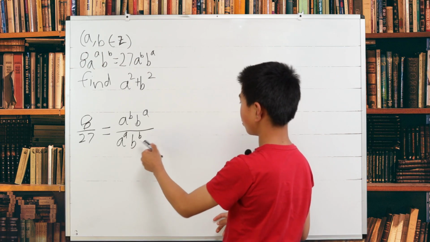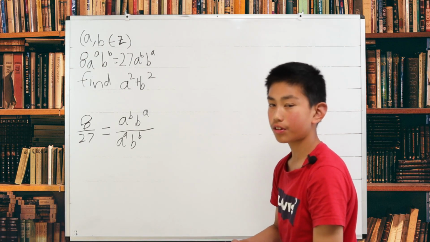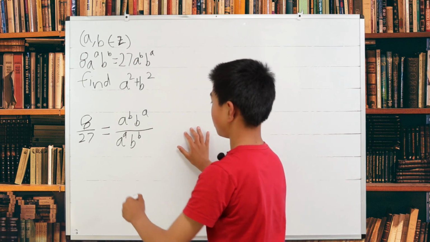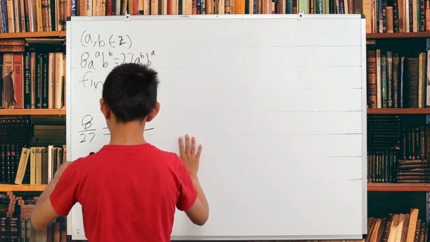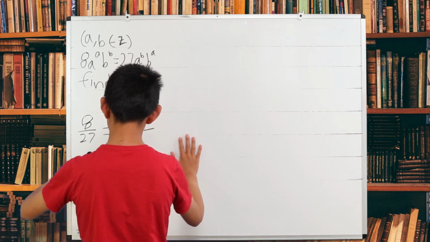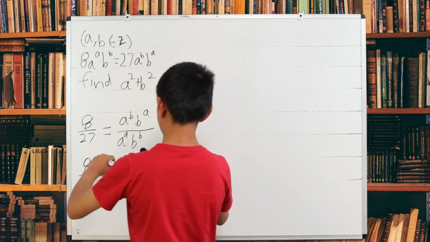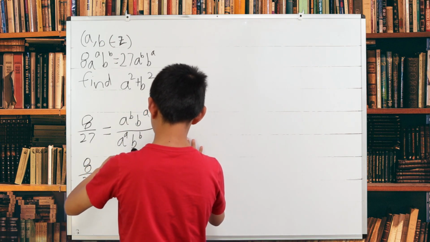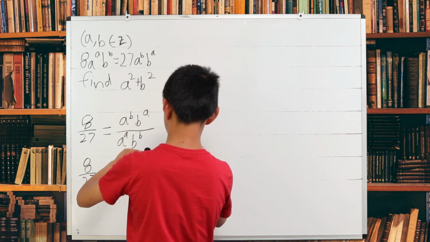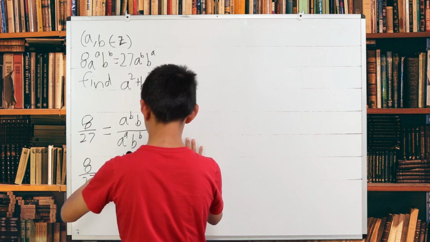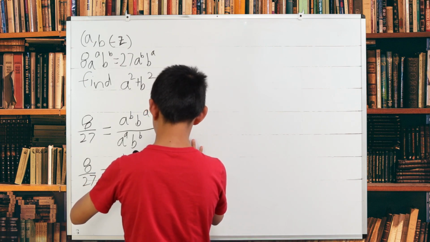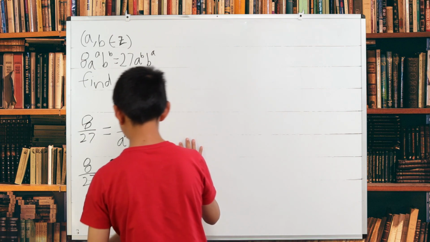Now we can sort this out a bit. So 8 divided by 27 is equal to a to the power of b times b to the power of a divided by b to the power of b times a to the power of a.